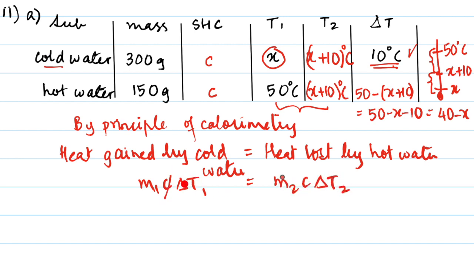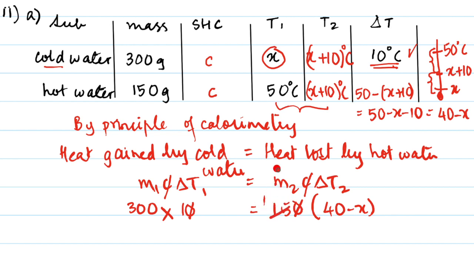And this C is the same for both, because both are the same substance, water, just different quantities. So M1 will be 300 gram multiplied by delta T for cold water, which is 10, and for M2 the mass is 150, you can see that here, and delta T is 40 minus X. Now here an easier calculation would be like this, because this is a single term here and this is a single term here, this multiplied by this.